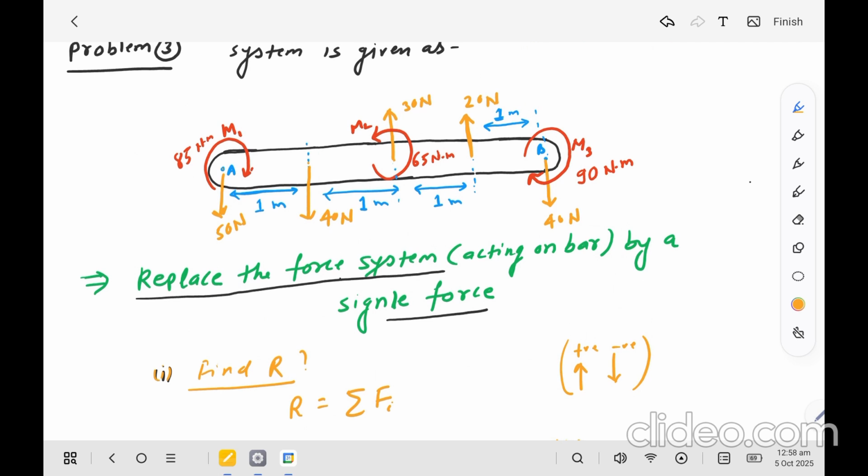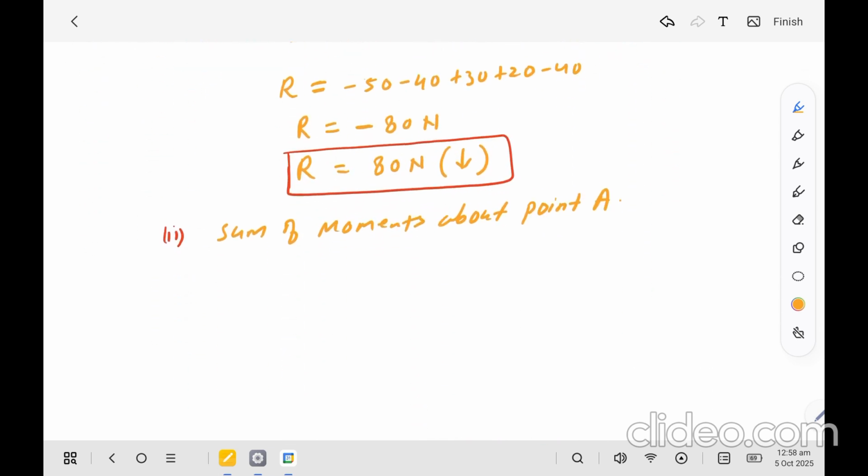So now we have the 8 moments about point A. Okay, so let's do the algebraic sum of these moments one by one.